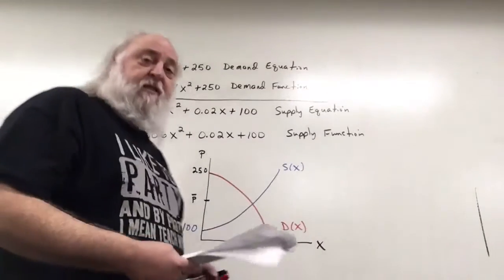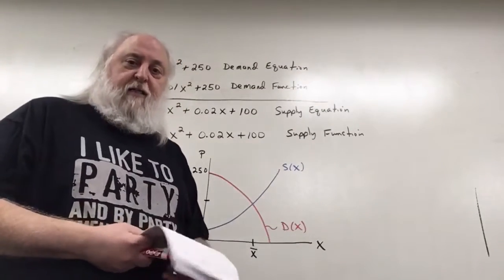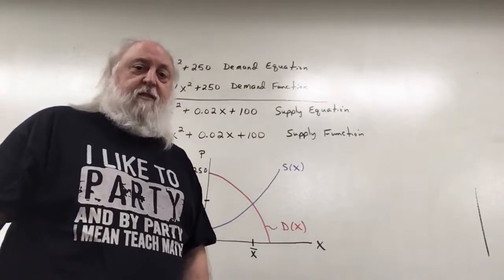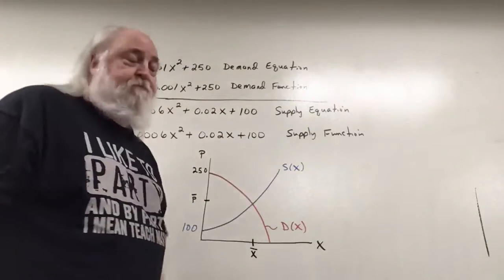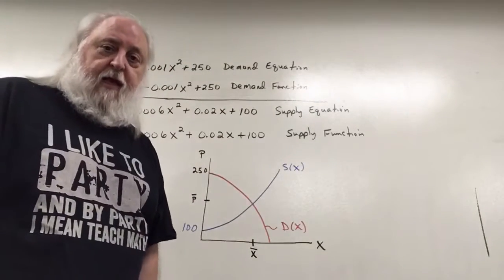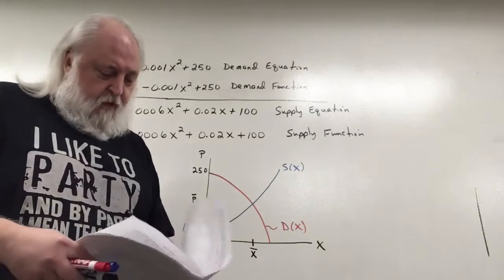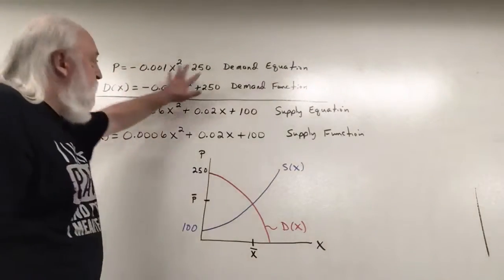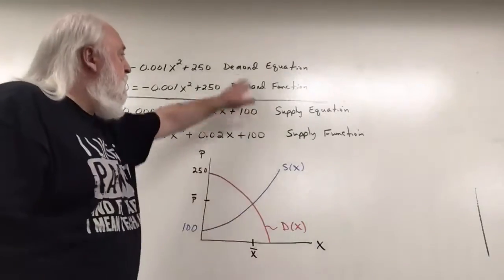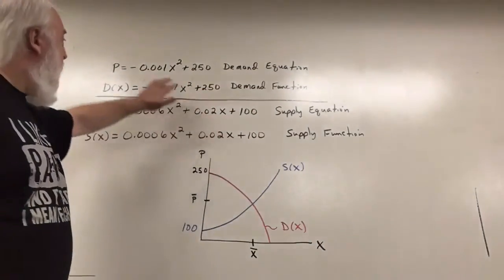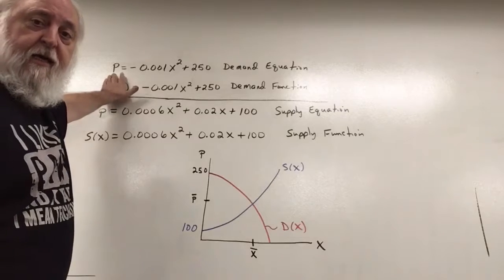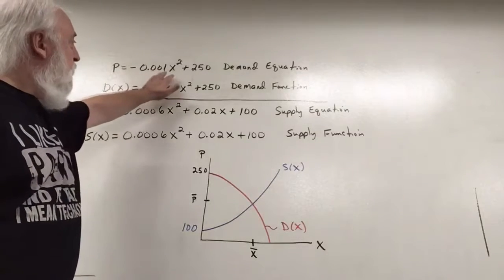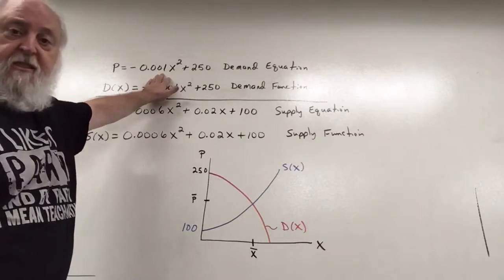So this semester we have been working with demand and supply equations, and so I borrowed the demand equation and supply equation from the first example on page 97 of your note packet. Just to review, the demand equation relates the price that a company can charge its customers.